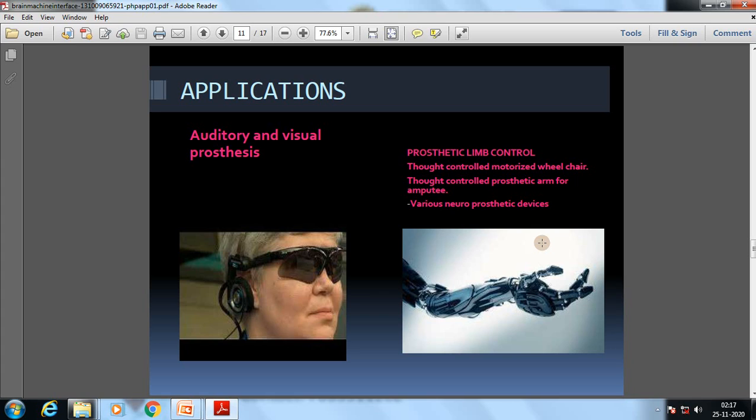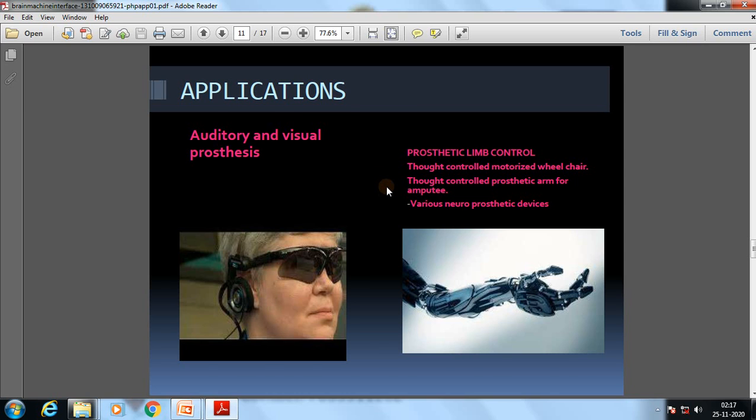Those sensors will provide the specific data or the control signals or the instructions which will be fed to the arm. Now the arm already has all those algorithms built into the robotic arm, so it will act accordingly. So there will be no problem for the hand to perform all those tasks.